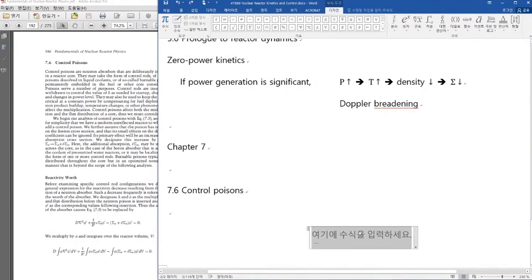Let's first write what equation 7.3 tells us.